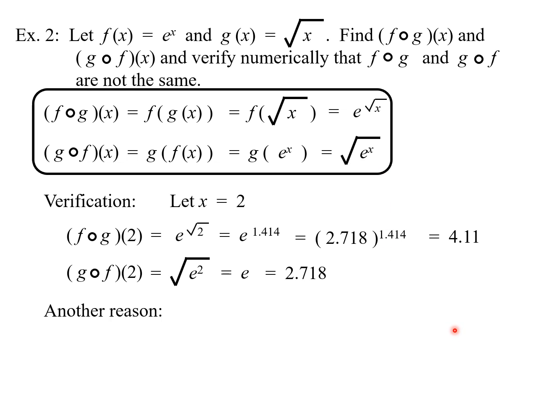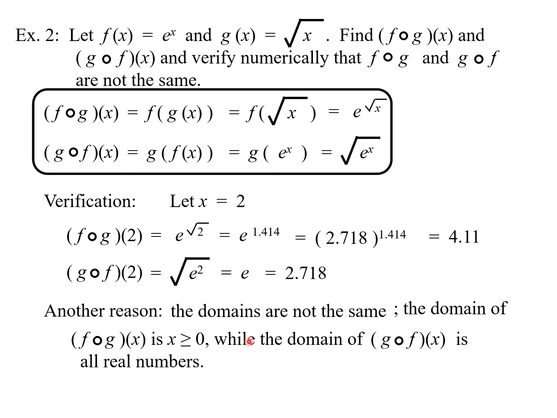There's even another reason that they are not the same, and that's because the domains are not the same. The domain of f of g of x is x greater than or equal to 0, because anything under the radical sign can't be negative, so x could be 0 or greater than 0. Whereas for g of f of x, x can be anything.